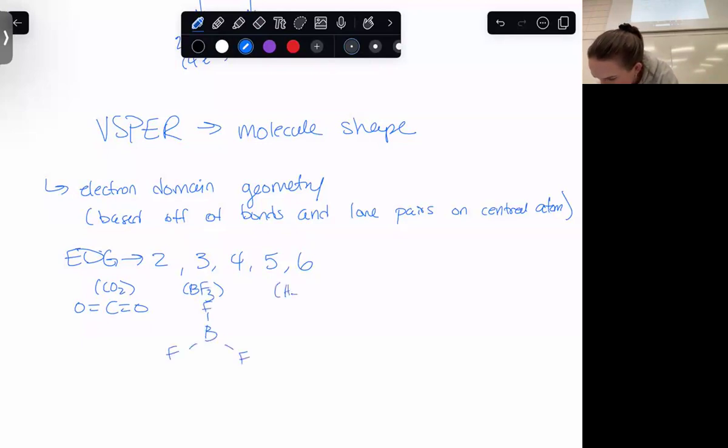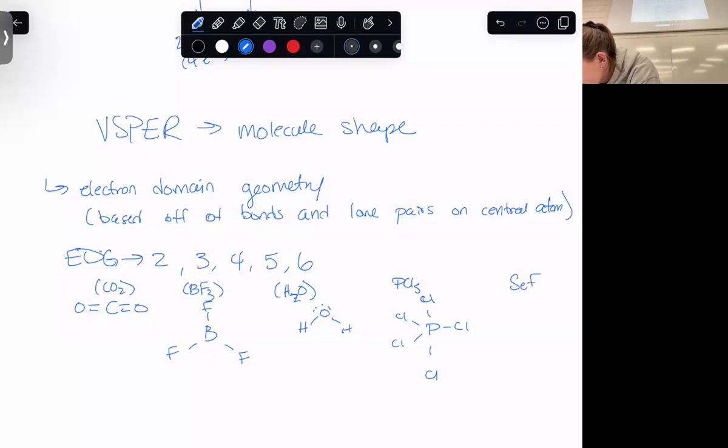We can have H2O. We can have PCl5. Or we can have, oh, I don't know, I think this is the correct one. Or SeF4. I believe that's the correct Lewis structure.